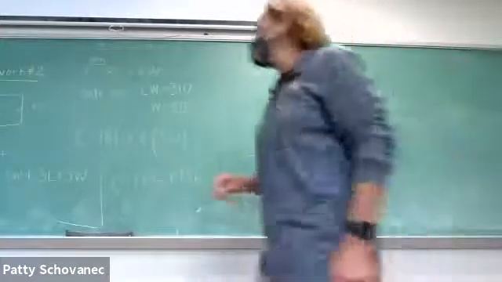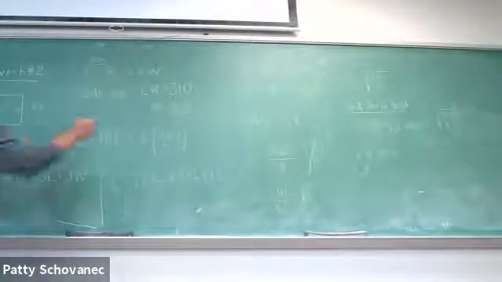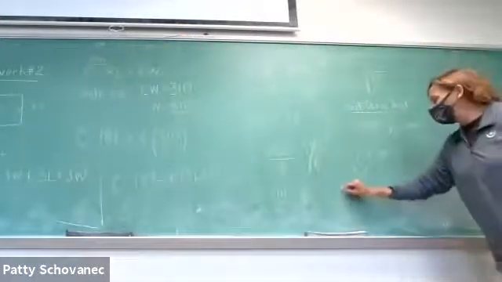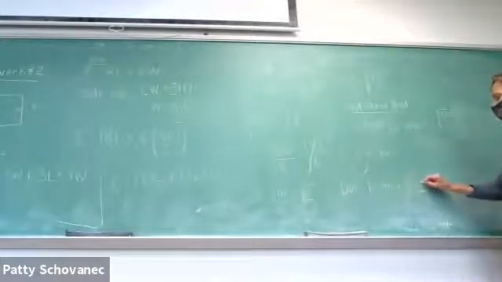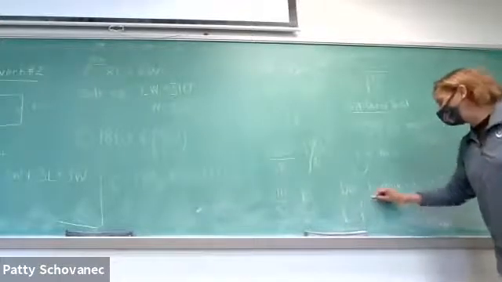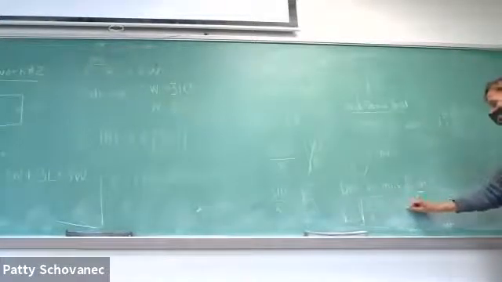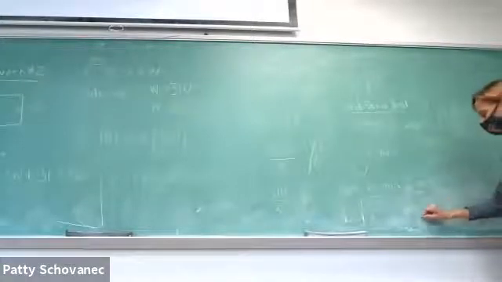And then just answer the question, do we want the minimum cost or do we want the dimensions? Okay, so we got L, and then here is W. So dimensions, minimize cost: L is square root of 310 over 3, and W is 310 divided by square root of 310 over 3.